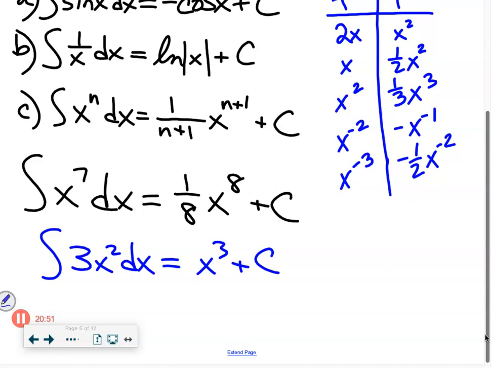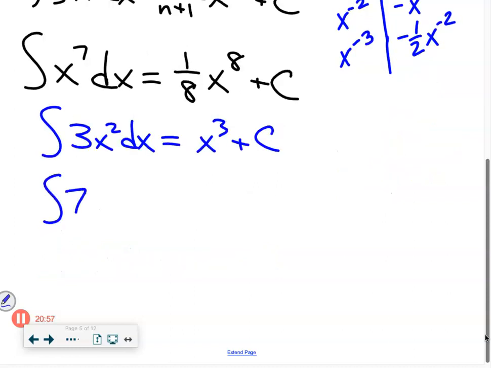But if you had like any numbers, would that go into the numerator? If I had like 7x squared, then you'd have 7/3 x cubed plus c. Right? Raise by 1, divide by the number. Coefficients always just come along, forwards and backwards, right?